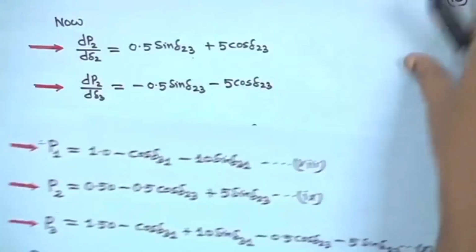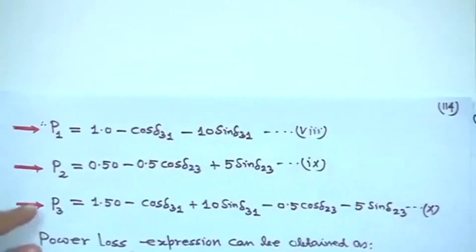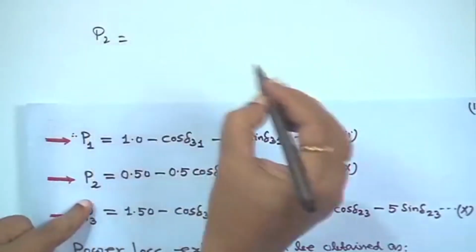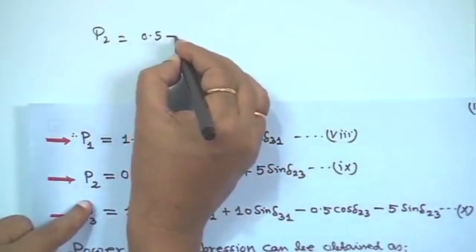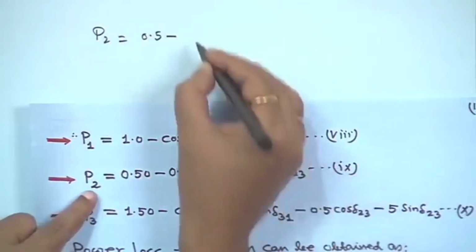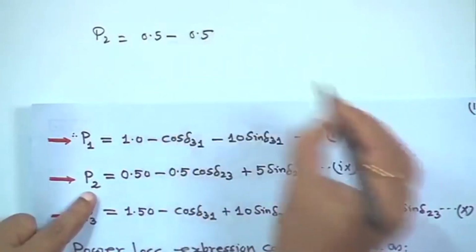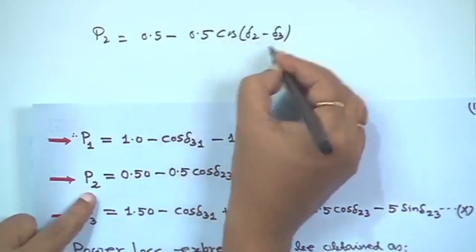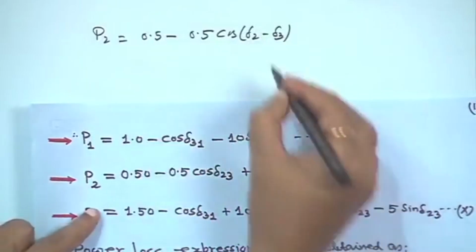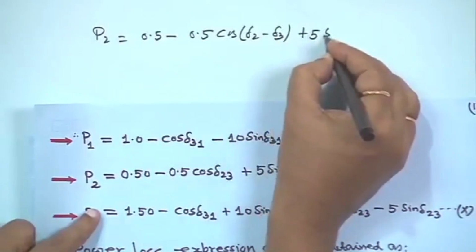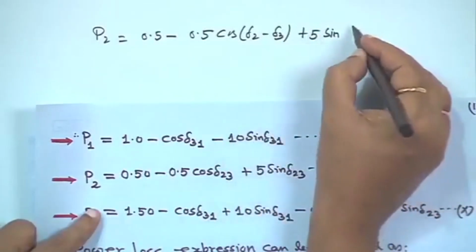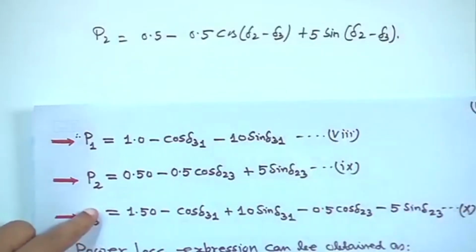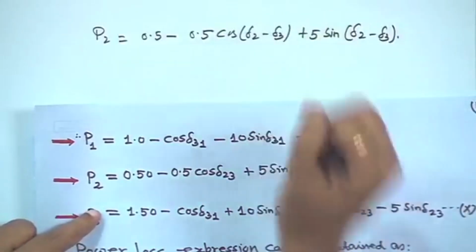Similarly for P 3. This way you write it and take the derivative.